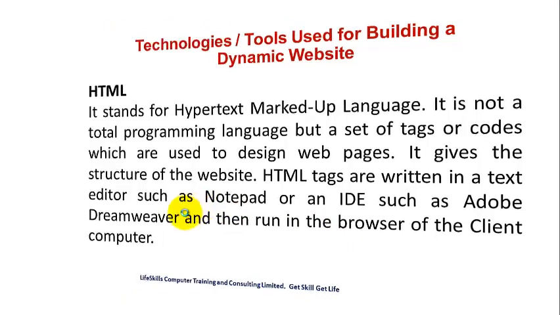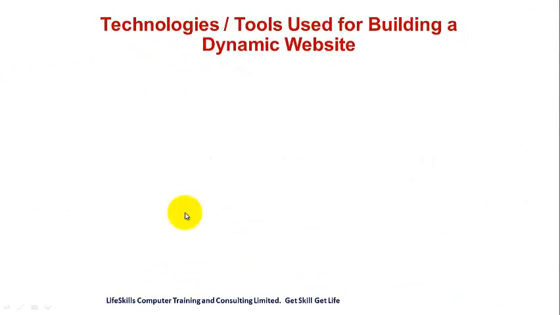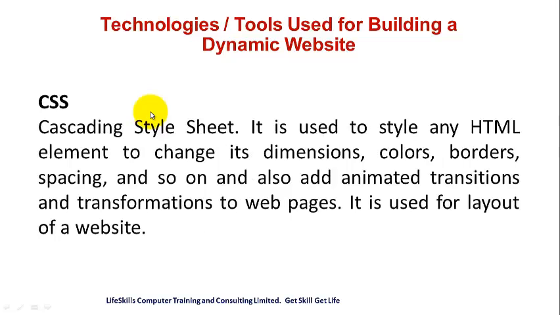Now, let's look at CSS. CSS means cascading style sheet. Now, it is used to style HTML elements.